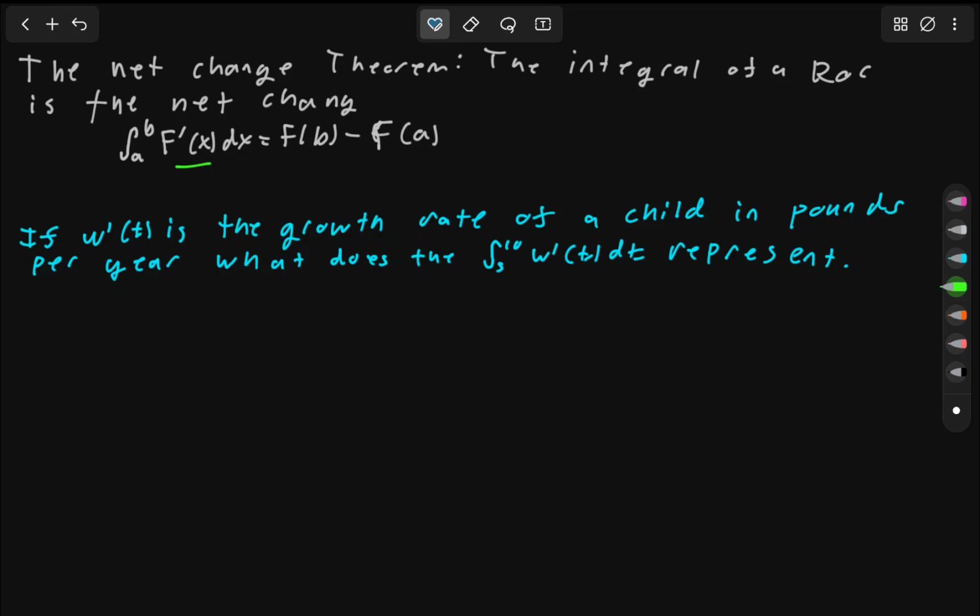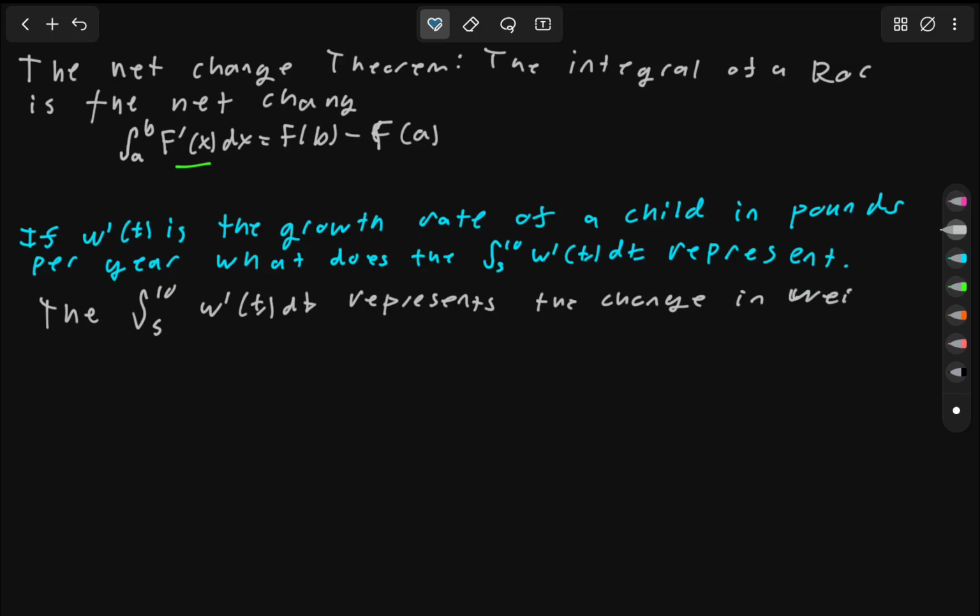I don't know if it's from 0, though, so I'm going to say this is the integral from 5 to 10 of w prime of t dt represents the net change in weight of a child from year 5 to 10.